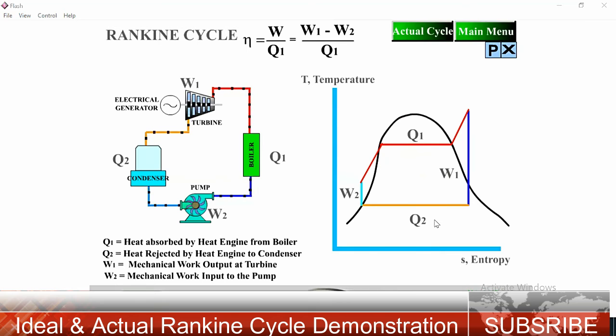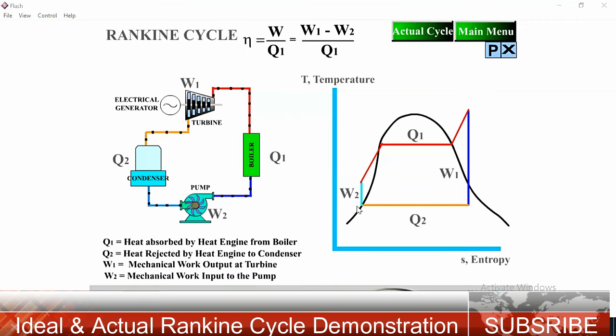Now Q2 is the heat rejected by the heat engine to the condenser. If we categorize the latent heat in terms of enthalpy, we simply write Q2 is equal to H2 minus H3.